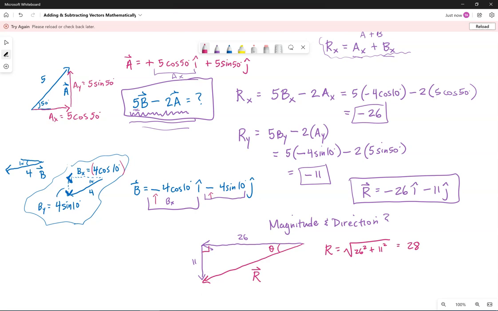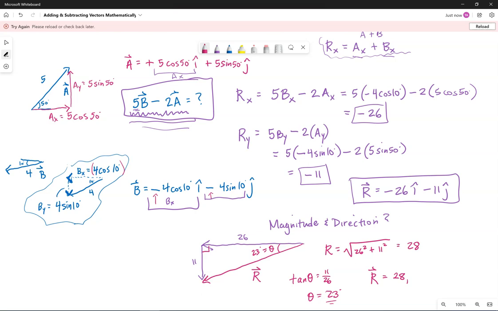Theta, this angle. The tangent of this angle is equal to the opposite side over the adjacent. Technically they're both negative, but either way, whether I write them both negative or not, when I take the inverse tangent my calculator gives me an answer of 23 degrees. That's what this angle is. So in terms of writing my answer, it has a length of 28, but I can't just say 23 degrees.